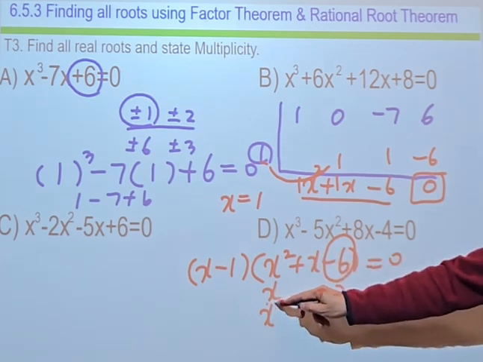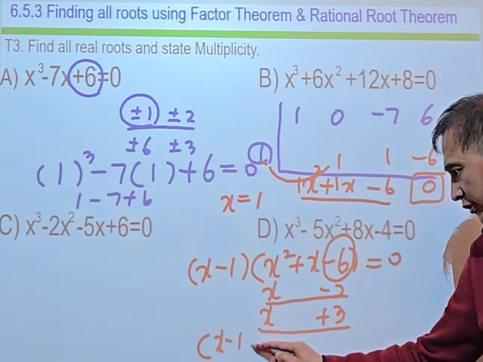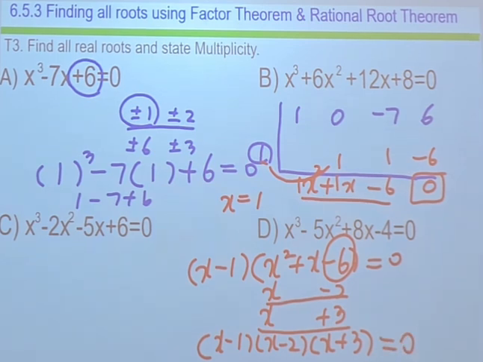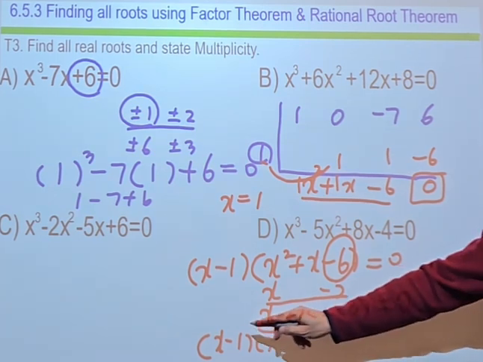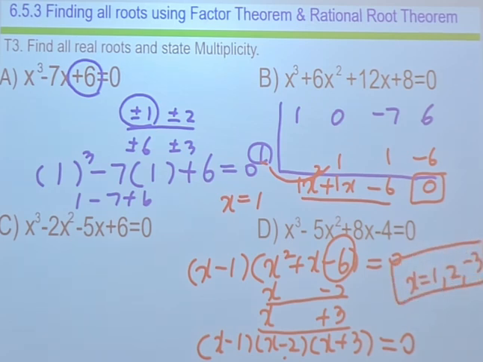So you can write the factorization like this: x minus 1, x minus 2, x plus 3 equals 0. Everybody got it? So the final answer: x minus 1 equals 0, x equals 1; from here x equals 2; from here x equals minus 3. That's the answer.